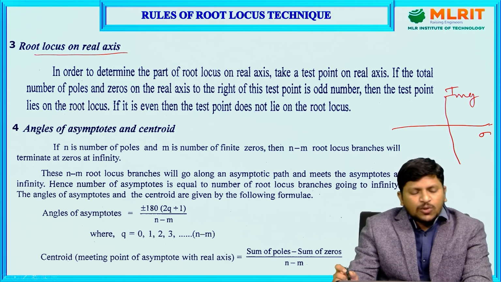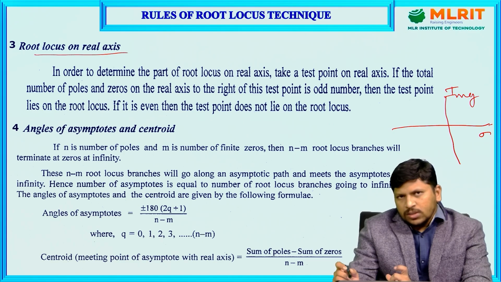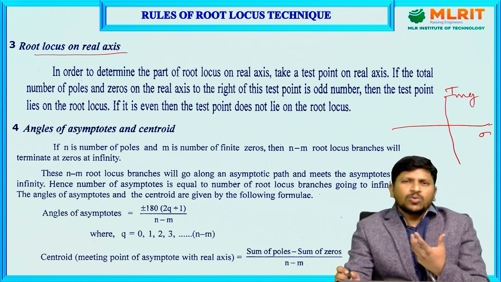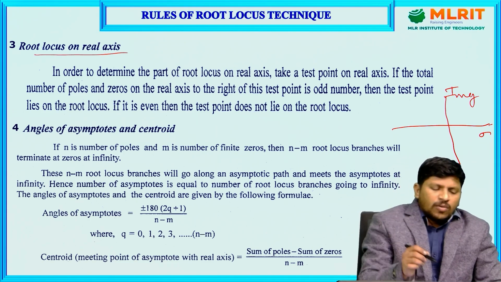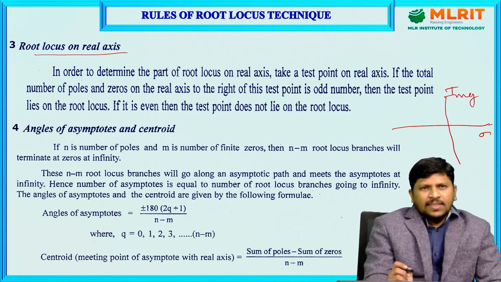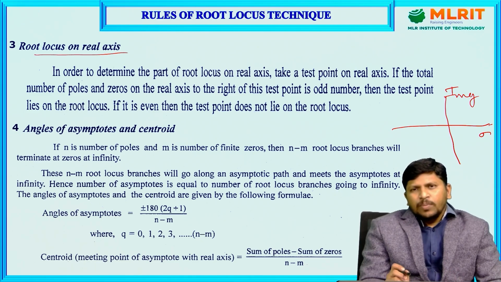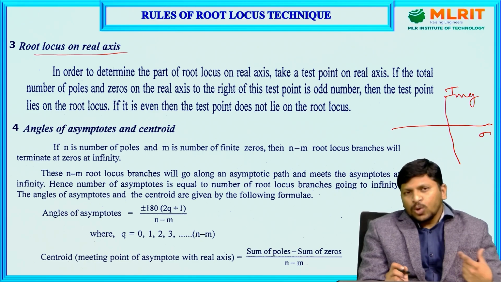We need to find the root locus on the real axis. The root locus is always symmetrical about the real axis, right? So for that we are going to choose one test point on the real axis, but it must be available on the root locus only.